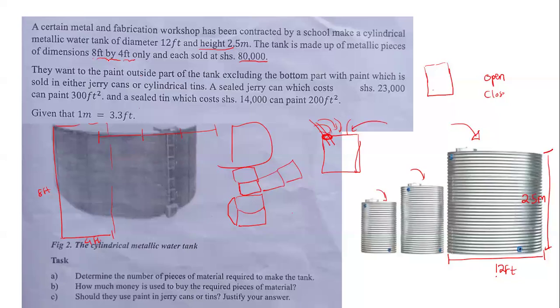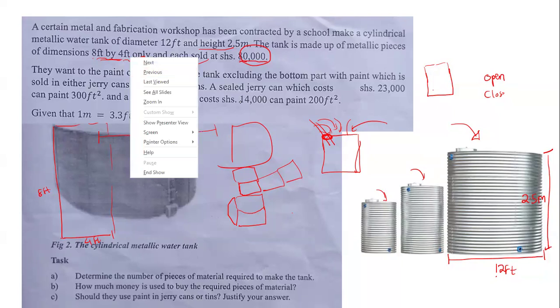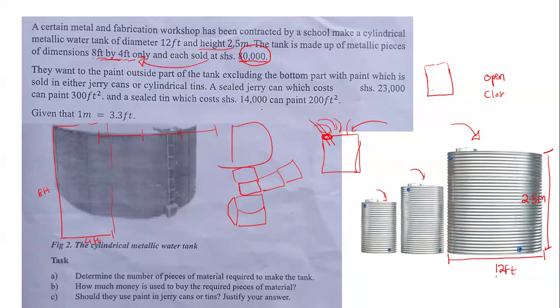Since they have told you it is sold at 80,000, meaning they have calculated in feet, whatever we are going to deal with, we are first going to convert into feet. So we are going to convert these 2.5 meters into feet. But remember, the question has given us a hint that within 1 meter, we have 3.3 feet.